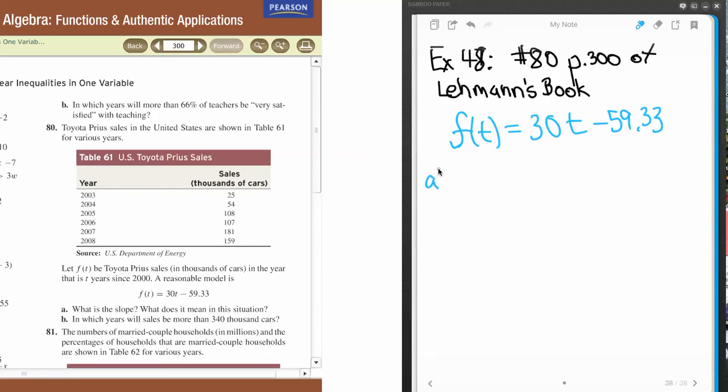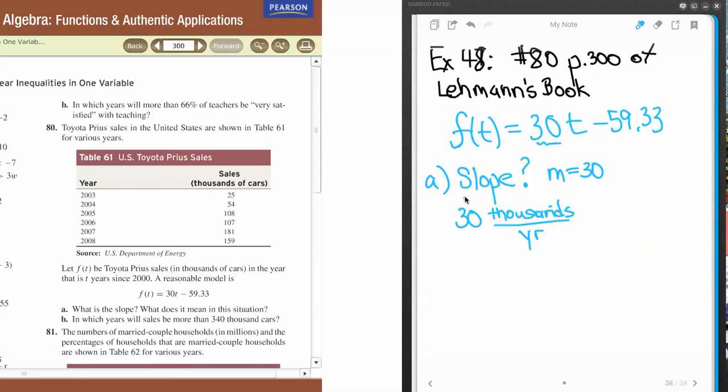And it says, A, what is the slope of this model? Well, our slope of this model is the rate of change, right? And the rate of change is the numeric coefficient of the independent variable. And so our rate of change is 30. So m is equal to 30. And what does this mean? Well, it's 30, and our dependent units, this is thousands of cars, so thousands of cars, and this is per year.